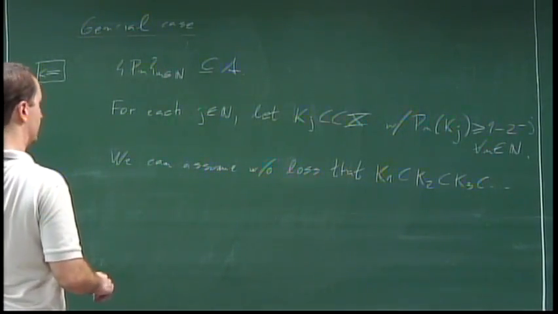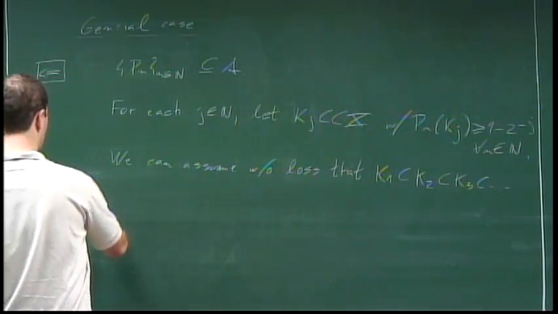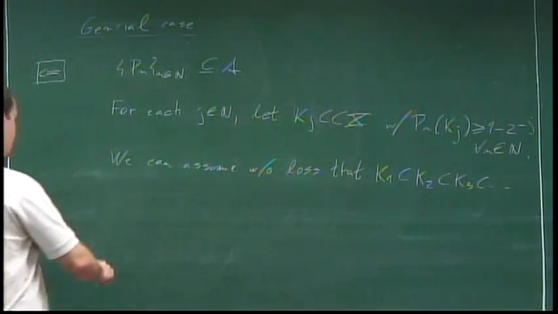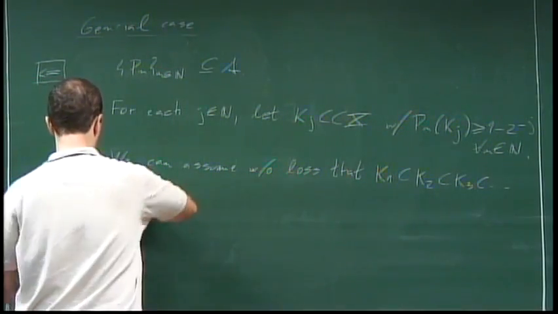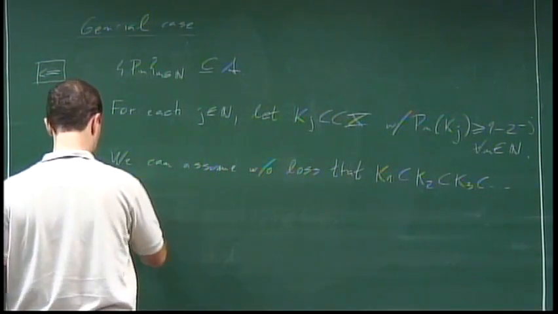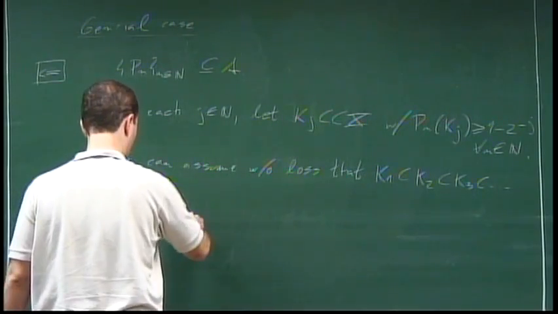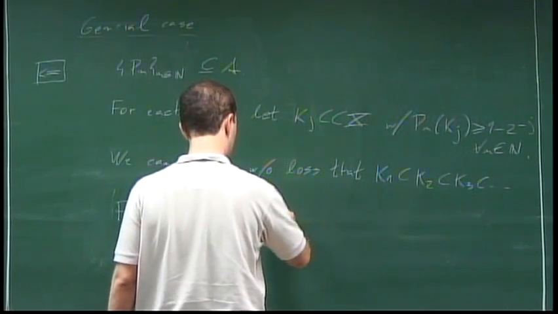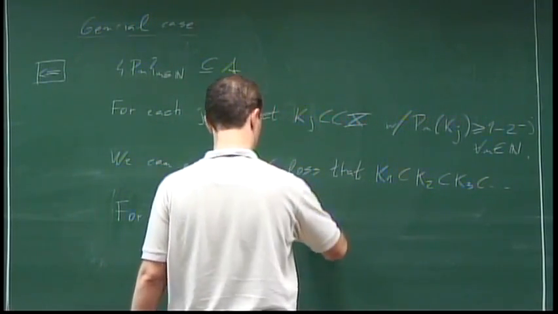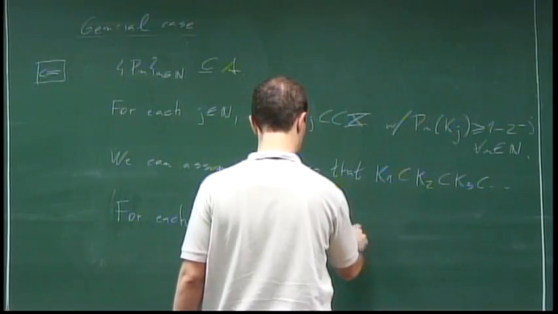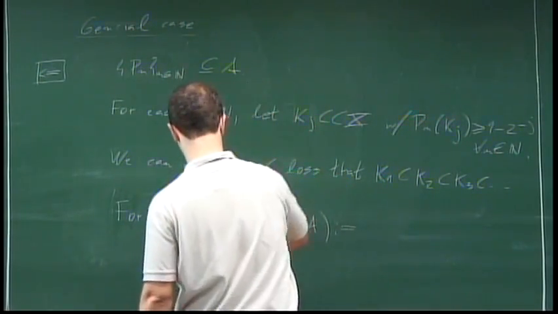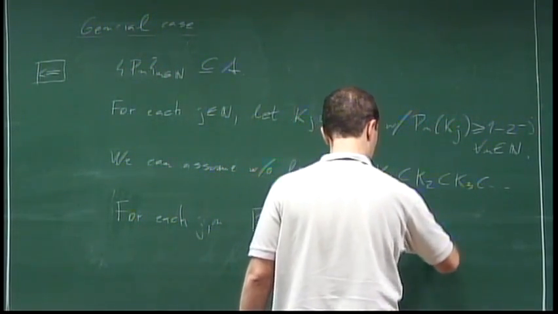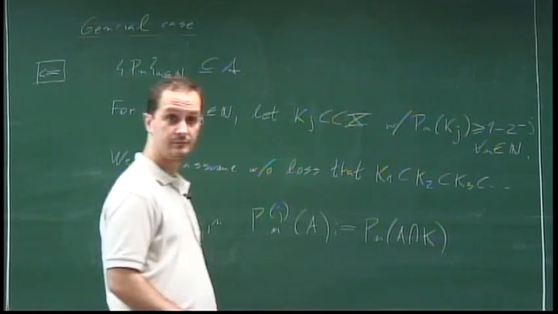Okay. So now, for each j and n, I have a measure Pjn of a set A, which I define to be equal to Pn of A intersect Kj.